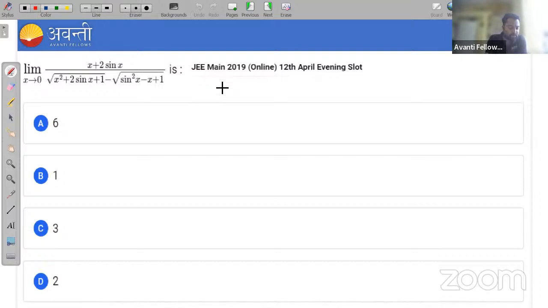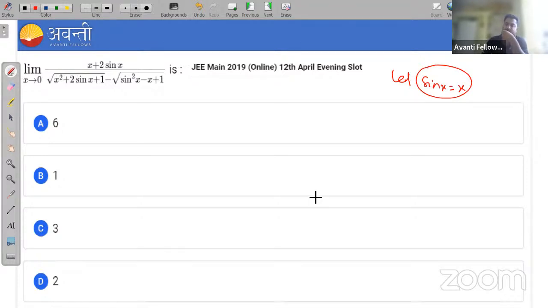Okay. So what we'll do in this case? If we take sin x as x, let's put sin x as x and solve it.